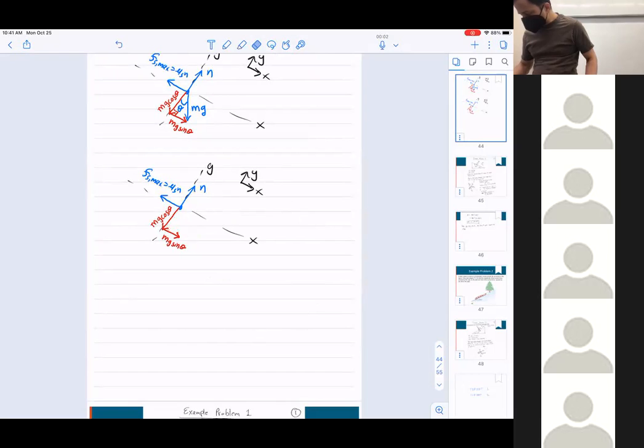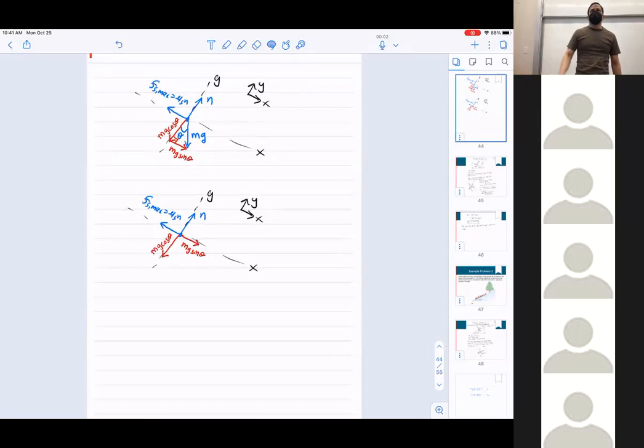And what I'll do next is take this mg sine theta and move it up here, exactly along the ramp. Any questions on that?